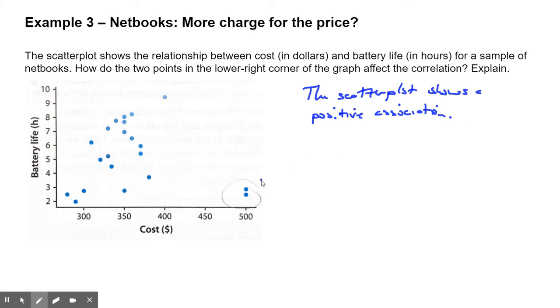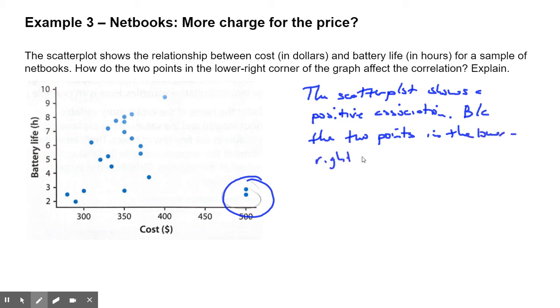So now these 2 points right here are not in the same pattern. So because the 2 points in the lower right corner are not in the pattern, right? Obviously, they cost a lot, but their batteries don't last very long.